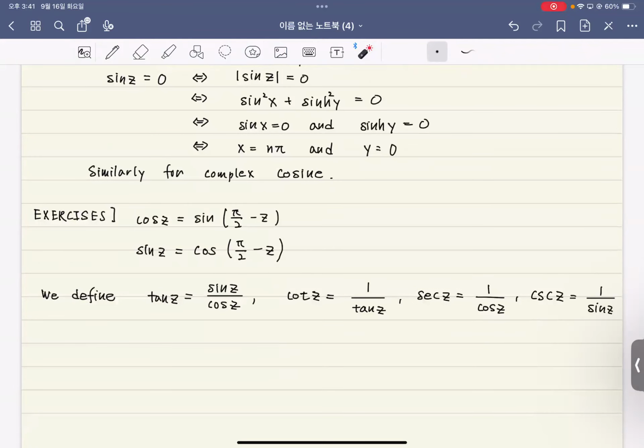Also, I strongly recommend you find the derivative of each of these functions. As you can expect, their derivatives are exactly the same as the real versions, right?